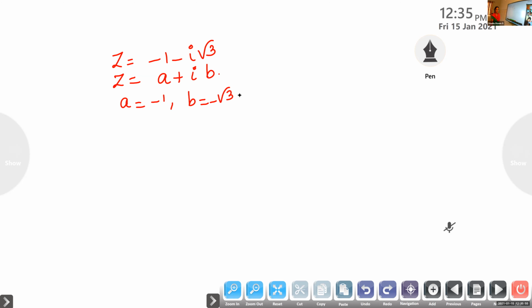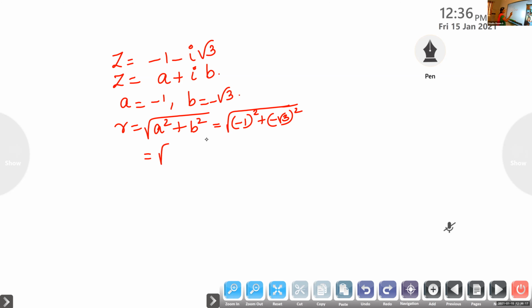Next you find theta, but before that you find R. R is root of A square plus B square, which is minus 1 the whole square plus minus root 3 the whole square. So that is 1 plus 3, which is root 4. Root 4 is 2. So R is equal to 2.